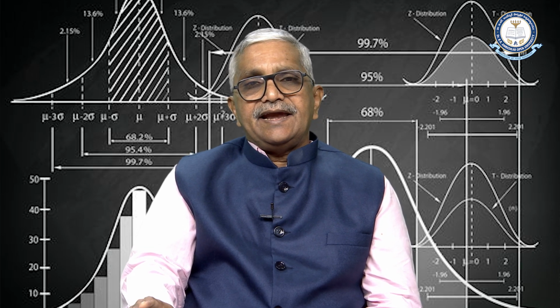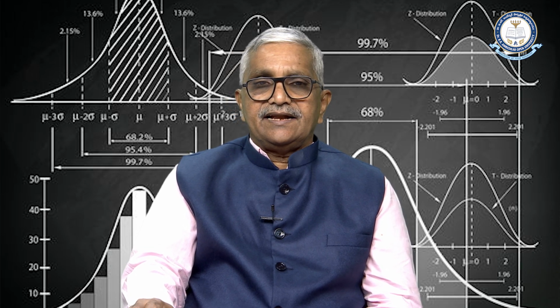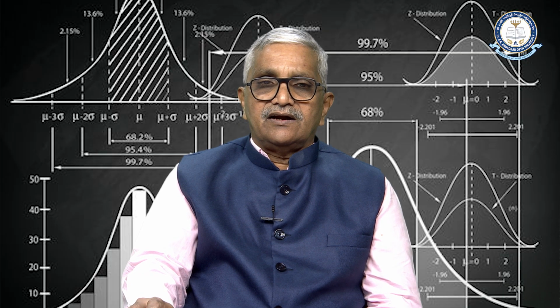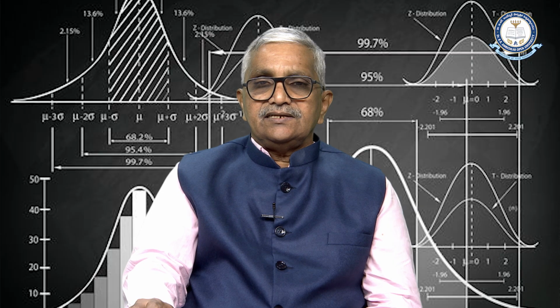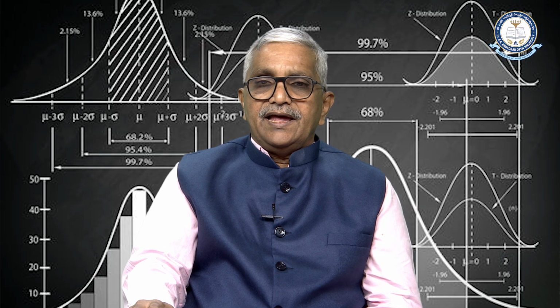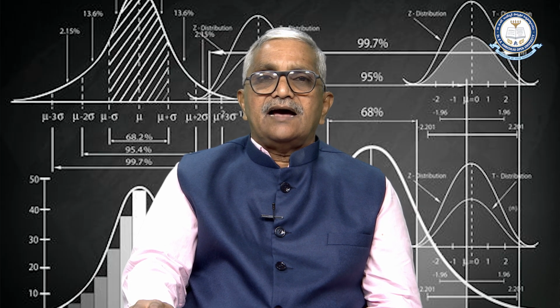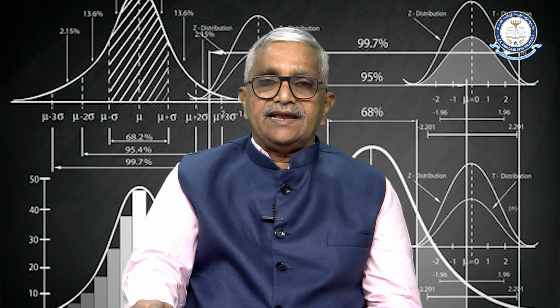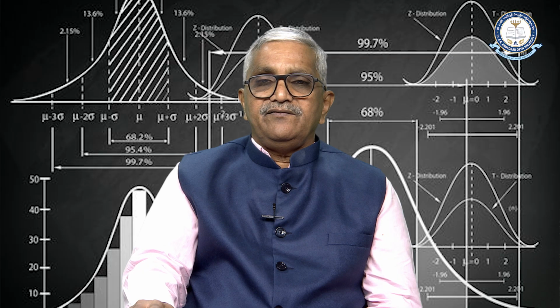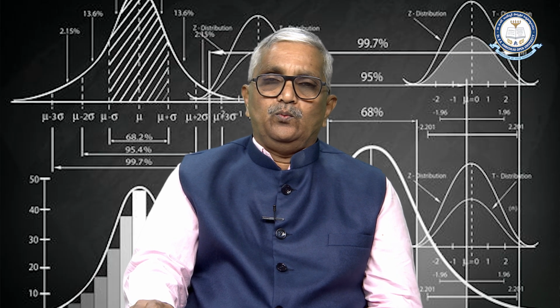It gives an idea of the dispersion of the data, focusing on the range between the first and third quartiles. It is essentially half of the interquartile range, and it is less sensitive to extreme values than other measures like range. The formula, as we have already discussed, is quartile deviation equals Q3 minus Q1 divided by 2.